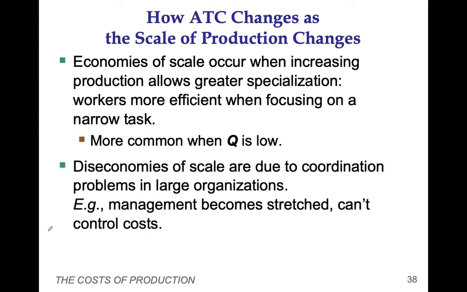Okay, these diseconomies of scale are due to coordination problems in large organizations. So as the quantity of production increases, the size of the firm increases, there will come a time when the coordination in a large organization becomes problematic.